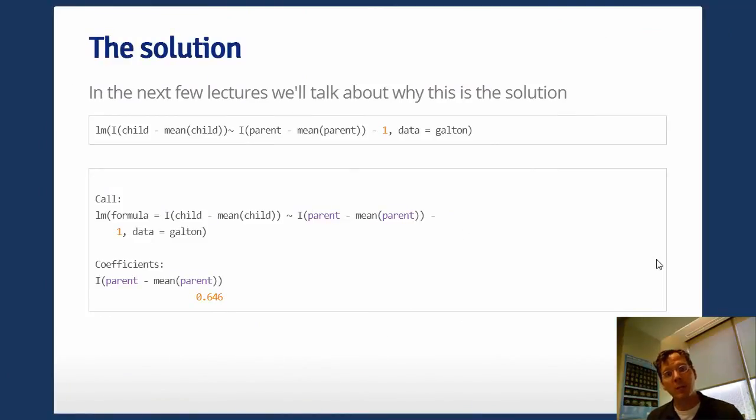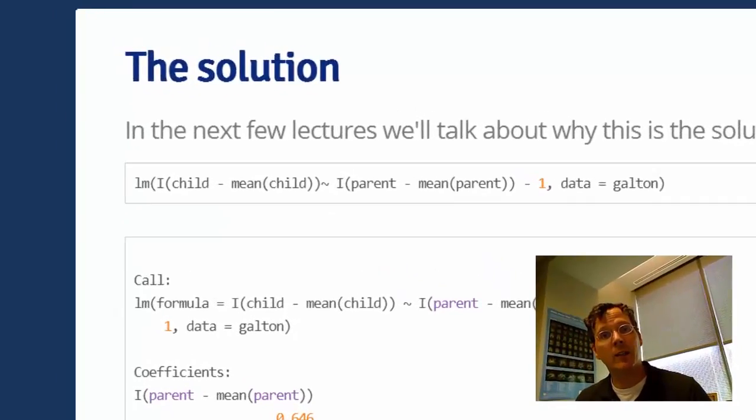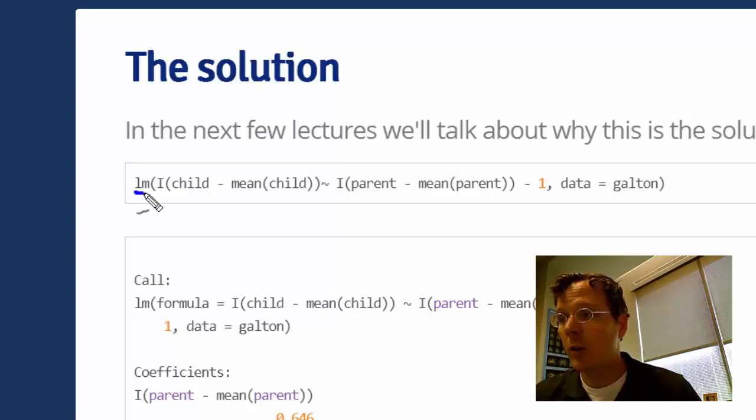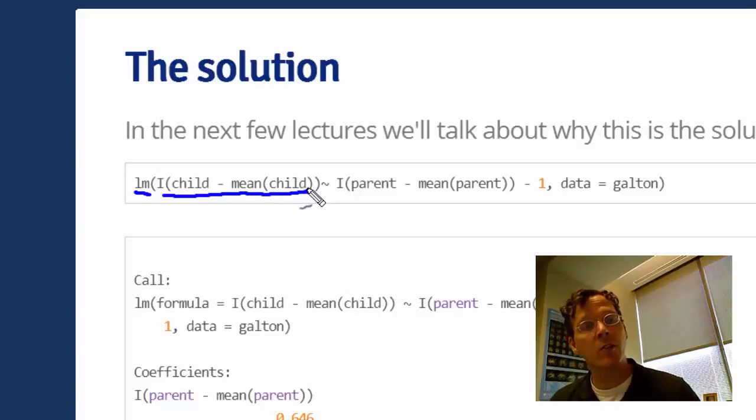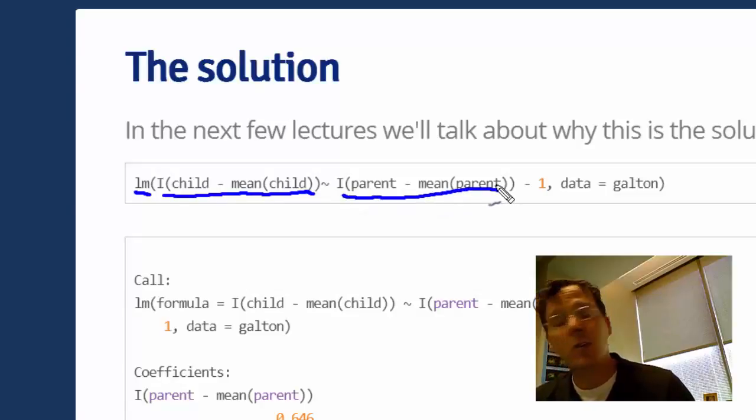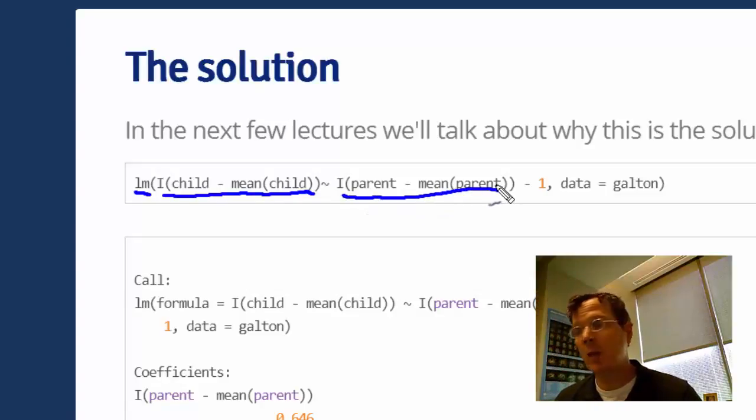Now that we've used manipulate to find the slope, I'm going to show how you can do this very quickly in R. The function lm fits the linear model, and here I have the code where I use lm. My outcome, my y value, is the centered child's heights, so I've subtracted off the mean, and here is the centered parent's heights, where I've subtracted off the mean for the parents.